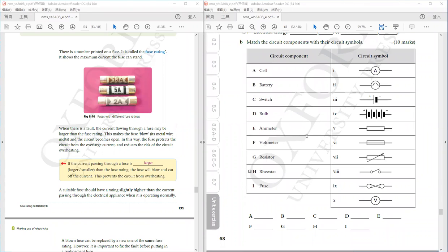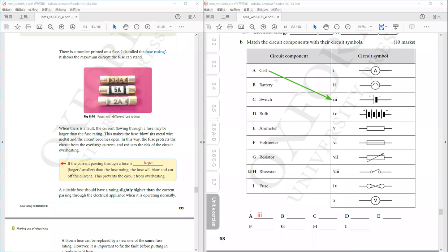So match the following. For cell, what is a cell? Cell means one single battery, A3.